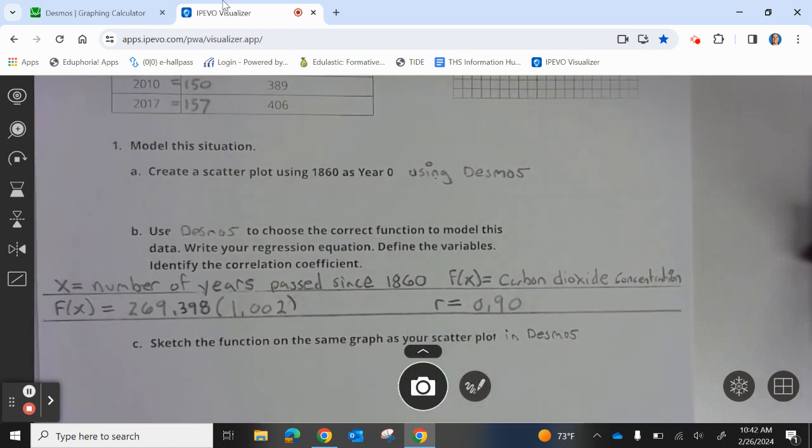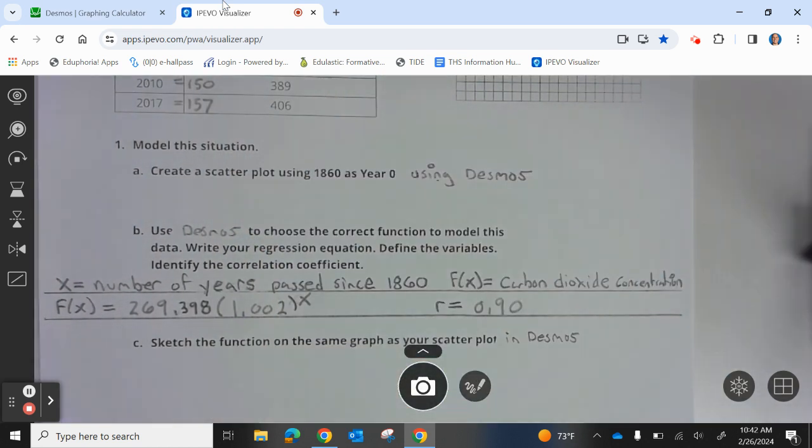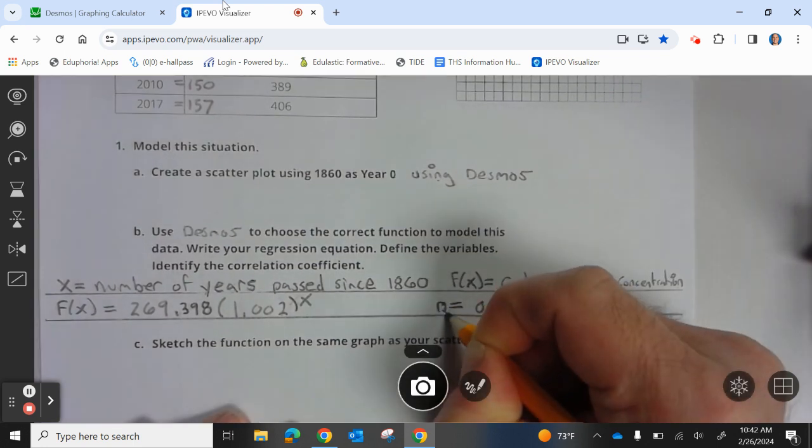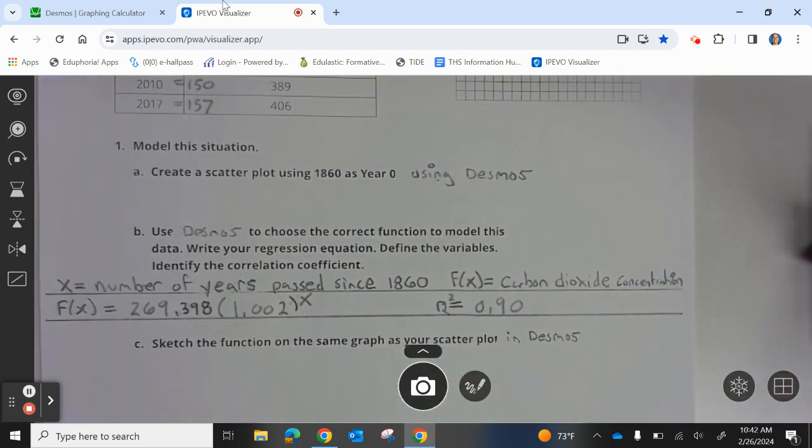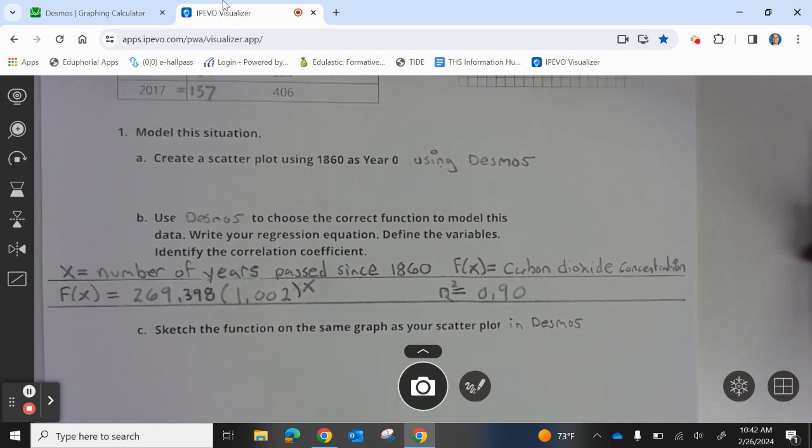Okay. So our equation is 269.398 parentheses 1.002 to the x, and r squared equals 0.90. Sketch the function on the same graph as its scatterplot in Desmos, which we did.